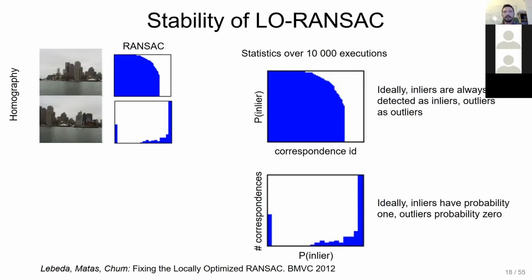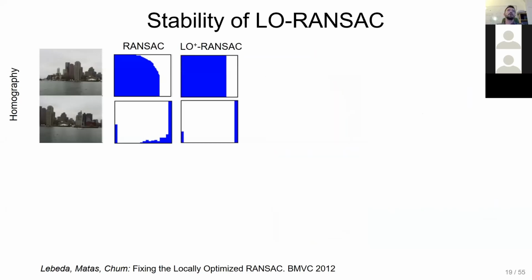So ideally, this would be just two bars, one for outliers on the left-hand side, which have probability 0 of being labeled as inlier, and one on the other side, where all inliers have probability 1 of being labeled as inliers over the executions. Here, if you compare RANSAC to locally optimized RANSAC, you can see that the locally optimized RANSAC is, for this pair of images, showing optimal behavior.